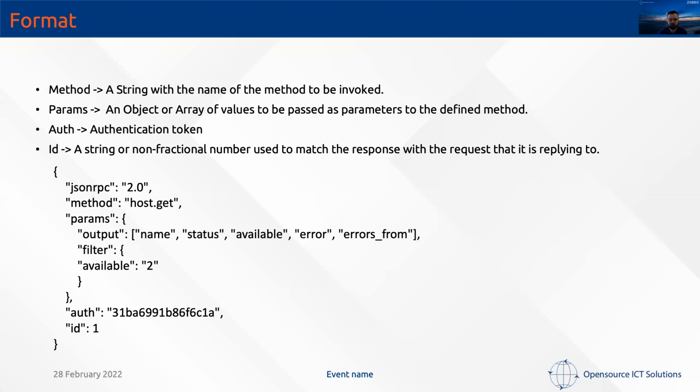But in this case, we're using the host.get method that Zabbix made available to us to get host information. In the parameters, we can specify things like output and filters that we would like to see. And we also have to supply an authentication token and the ID of the user on which we want to use the authentication token.